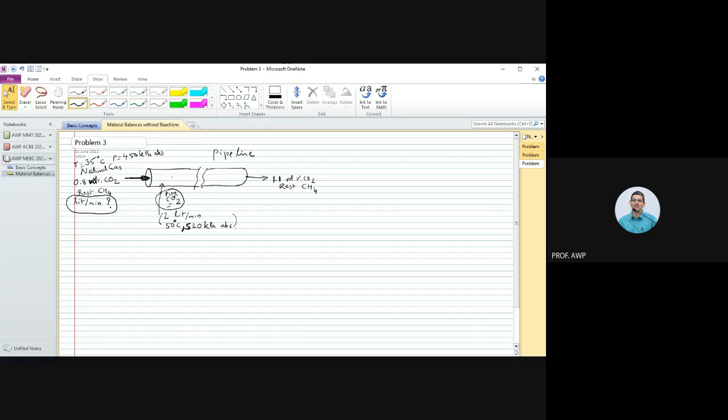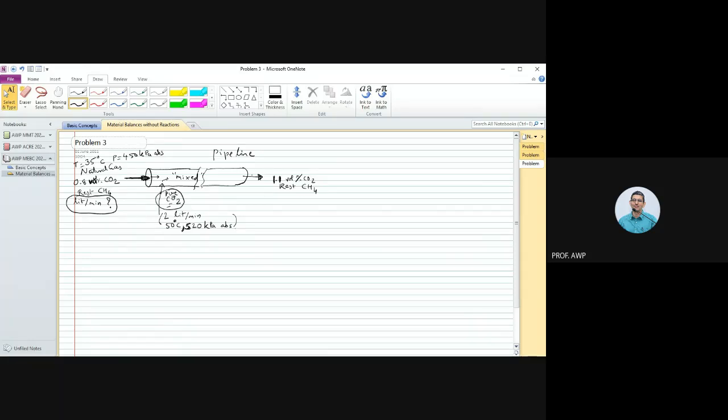This gas that I add and the gas that is coming in get mixed, and the concentration of the carbon dioxide going out from this pipeline after some distance, after they mixed together, is 1.1 volume percent carbon dioxide.